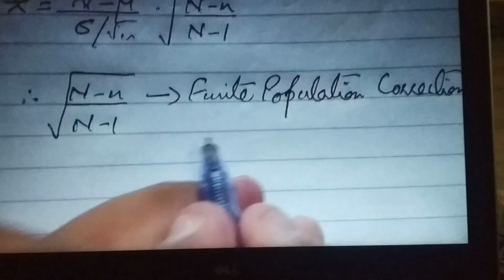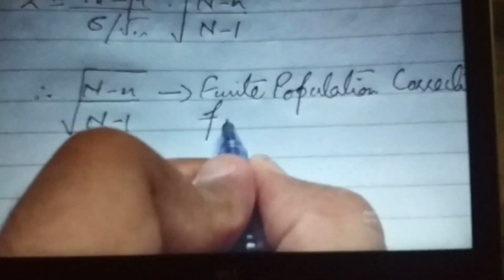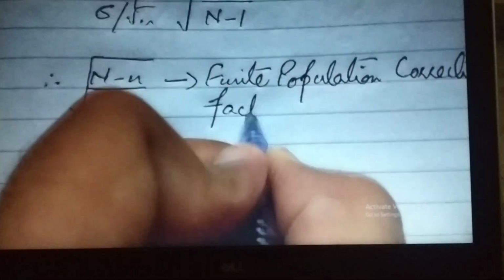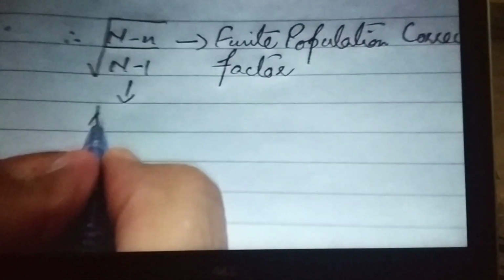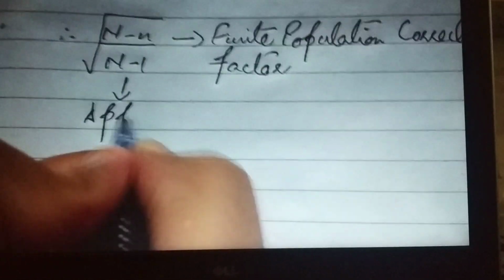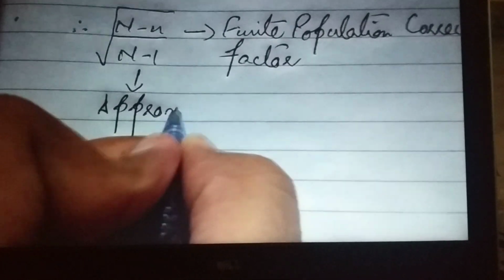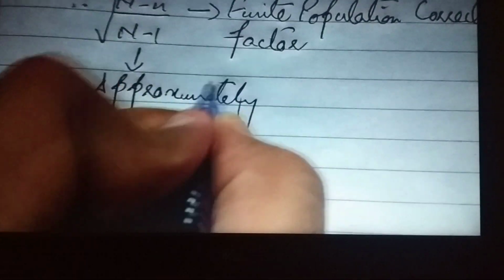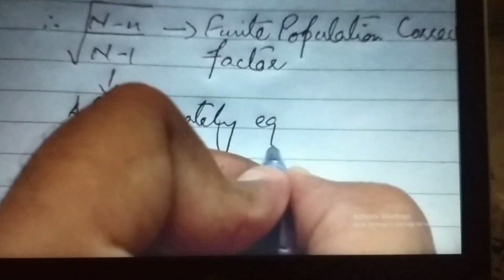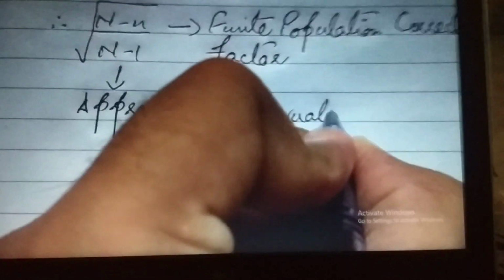This finite population correction factor, in short FPCF, is approximately equal to 1.